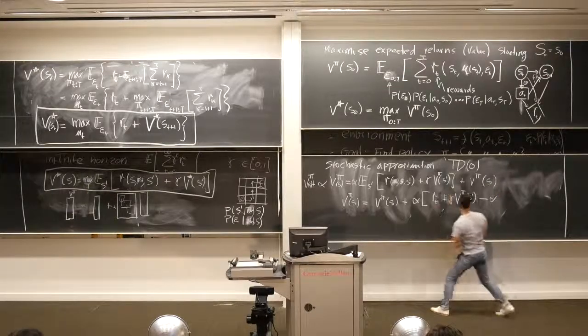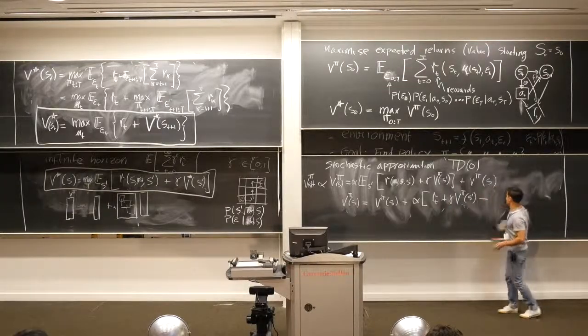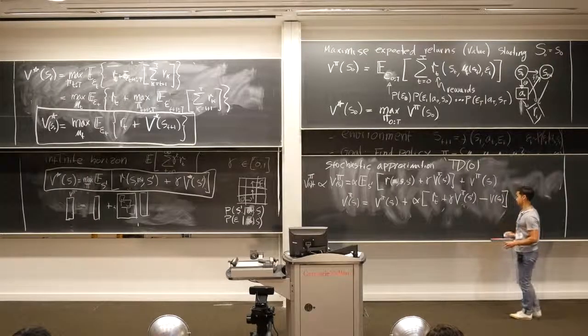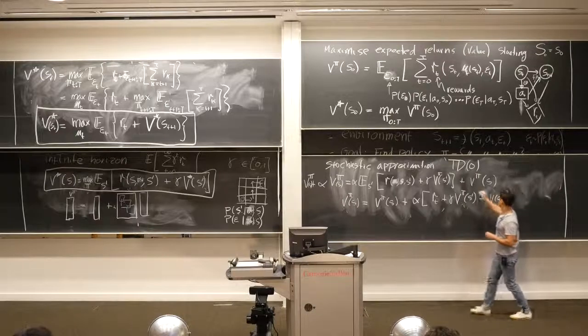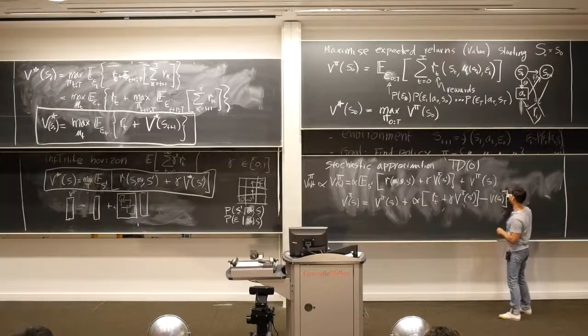Alpha is a common factor. And I'm missing an expectation here, which should have been this expectation.